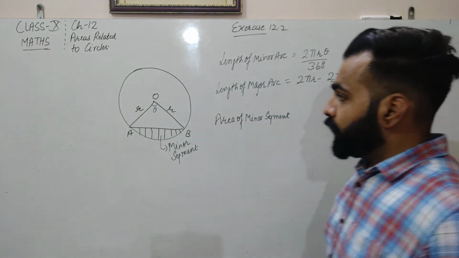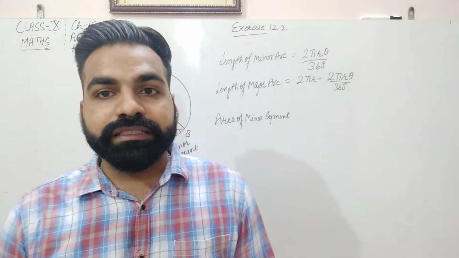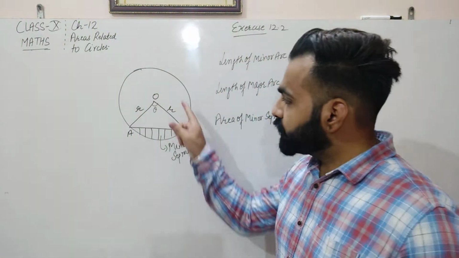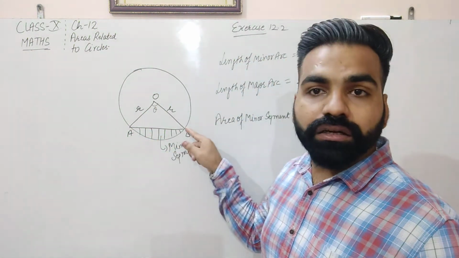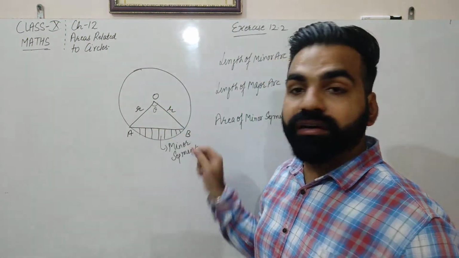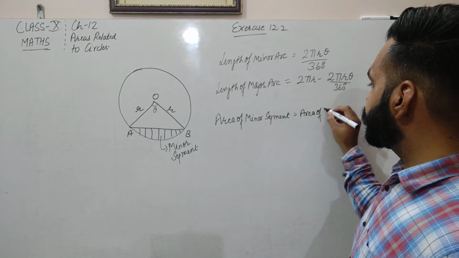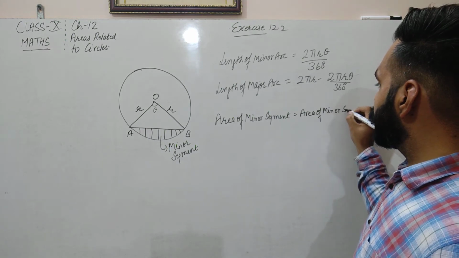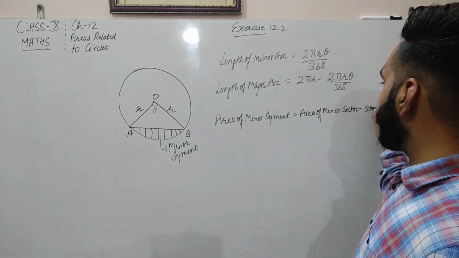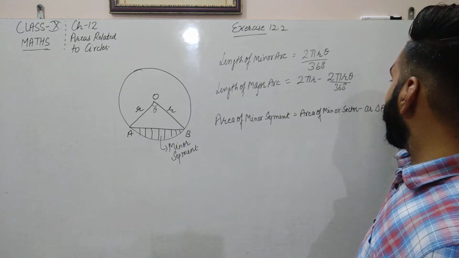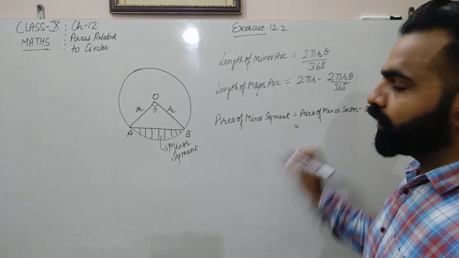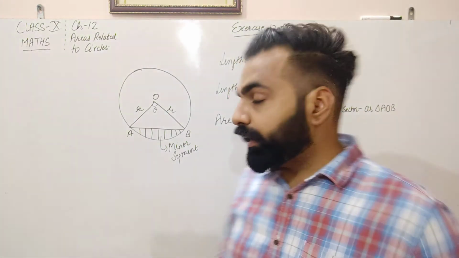Clear everyone? So now area of minor segment we can write as area of sector minus area of this triangle OAB. So area of minor sector minus area of triangle AOB. And what is area of the minor sector?